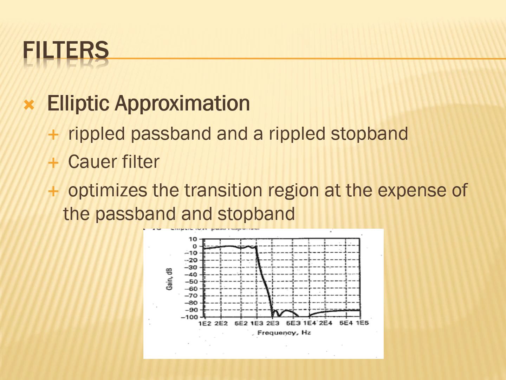When we say lowest order, this means it has the simplest design: the one which gives us a good approximation with a very, very simple design. So it is the elliptic approximation.